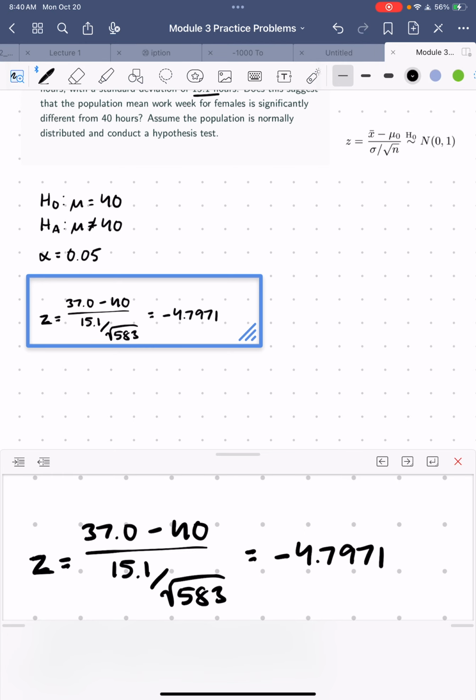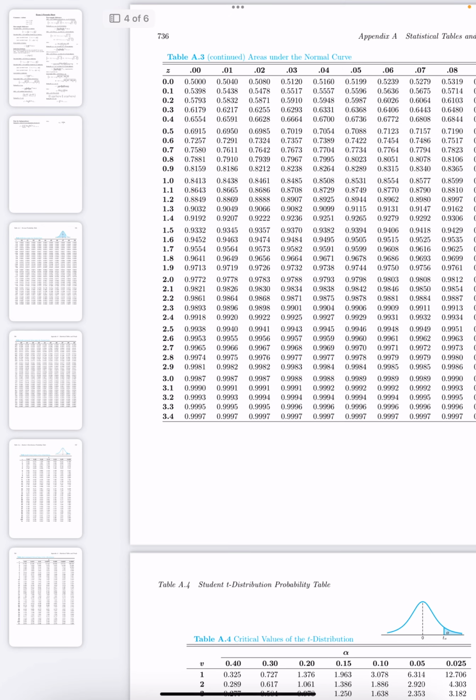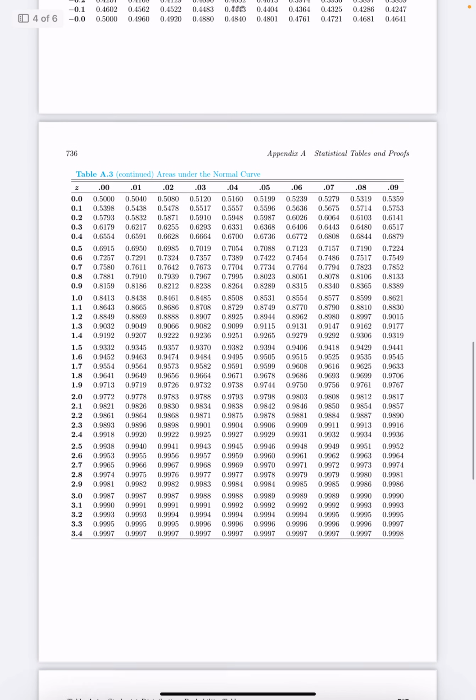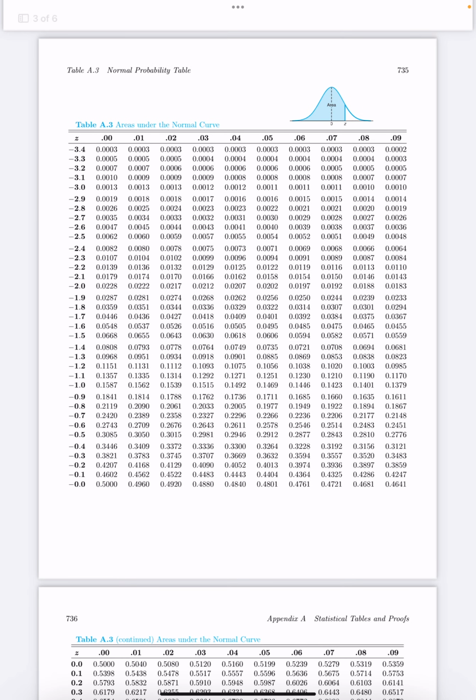And now we can pull this up on our z table that I have here. So this is your formula sheet, so you can use this during your exam. We have our z table here, which will show the area under our normal curve.